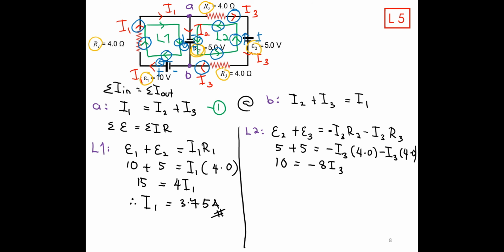Then you can find your I3, and the answer is negative 1.25 ampere. Don't be panicked about why you got the negative sign. This negative sign represents the opposite direction to our assumption.